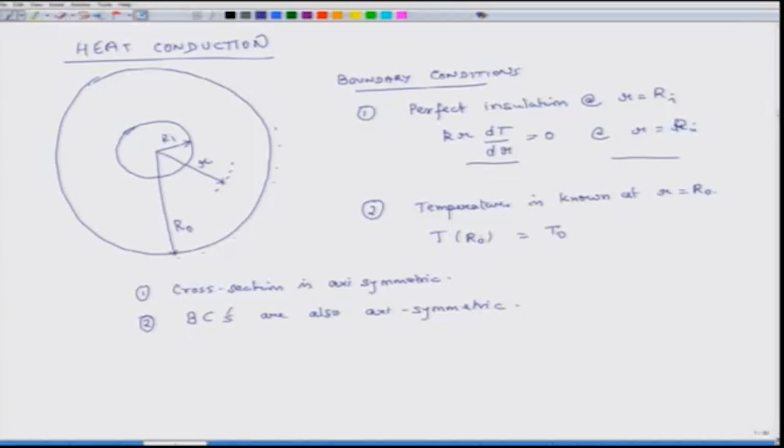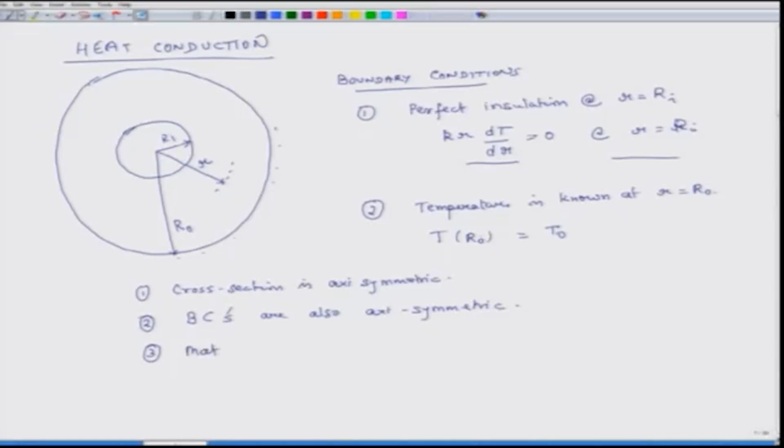Whether theta is equal to 0 degrees or any other value of theta, on the outside boundary temperature is T naught. For any value of theta, there is perfect insulation on the inside boundary.